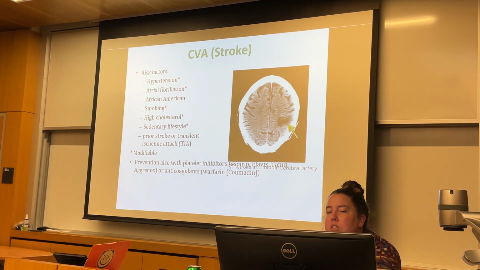Smoking, we can stop that. High cholesterol, again, medications, diet, lifestyle changes. Sedentary lifestyle, we could become less sedentary. You cannot change whether or not you've already had a stroke or a TIA. So a lot of things related to stroke as risk factors are modifiable. And then you don't need to know medications.